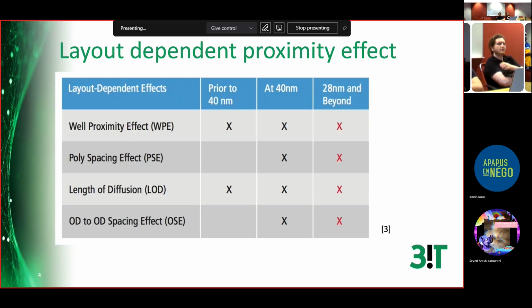Also, you mentioned this one, what is OD and PS? This is a poly spacing effect.